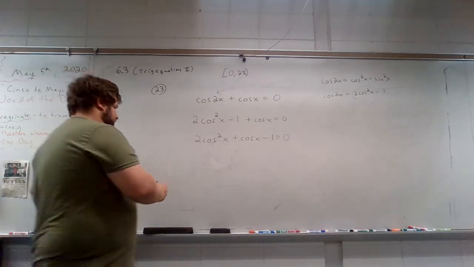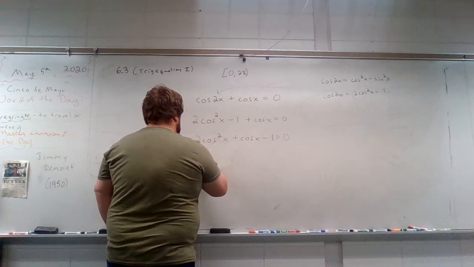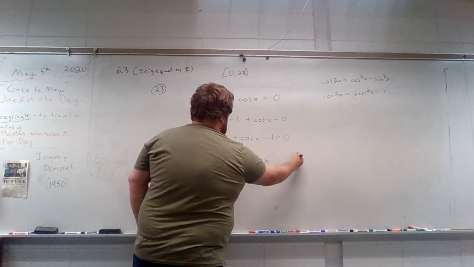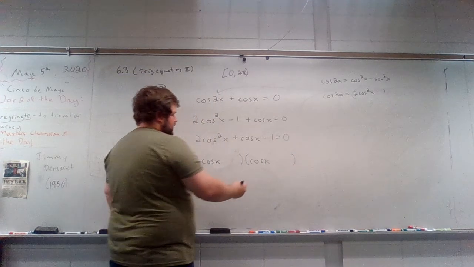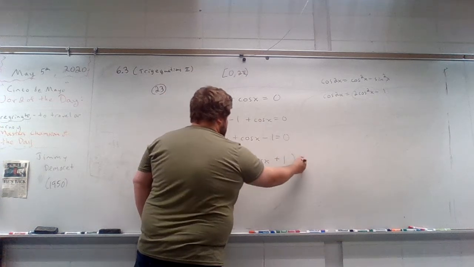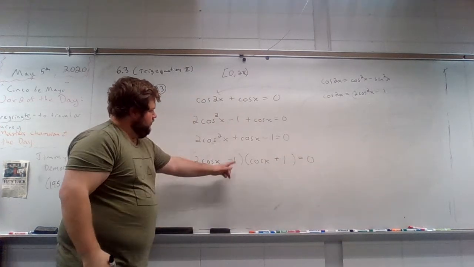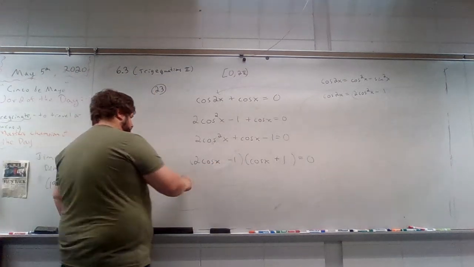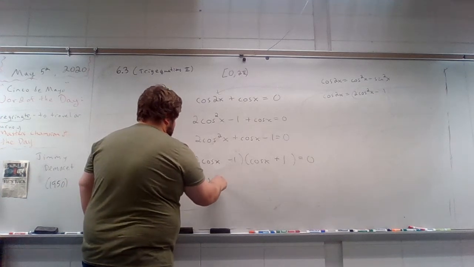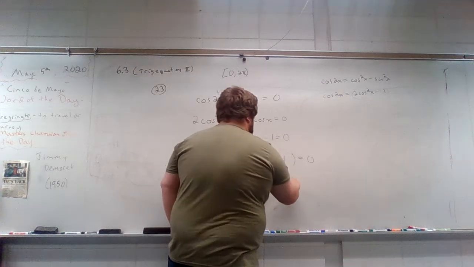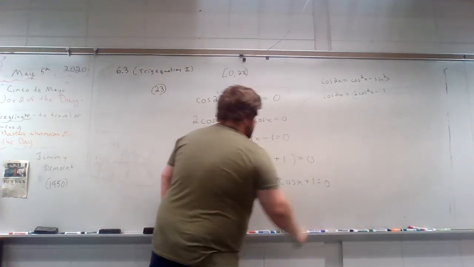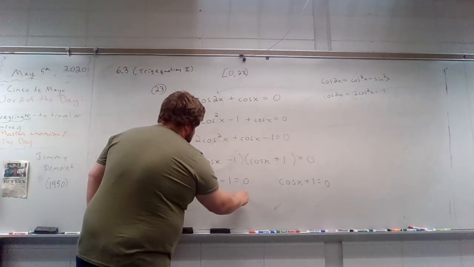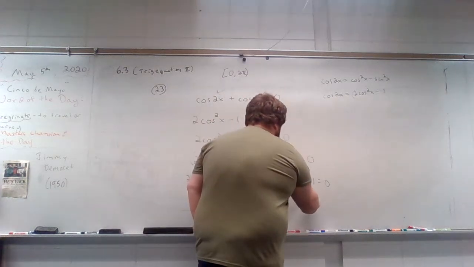If we try to factor this, I'm going to have 2 cosine x, and cosine x, and maybe I have a plus 1 and a minus 1. Is that going to be the ticket? Cosine squared, 2 cosine minus cosine, yeah. That looks good. And then I would set those factors equal to 0. So 2 cosine x minus 1 could be 0, or cosine x plus 1 could be 0. This would give cosine would be a half again, and this would give cosine being a minus 1.